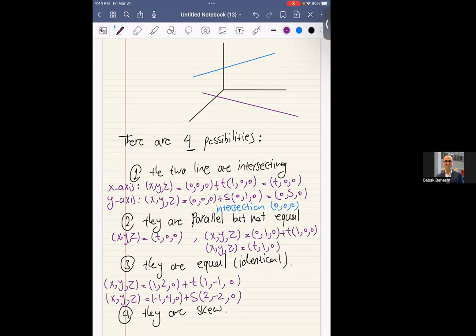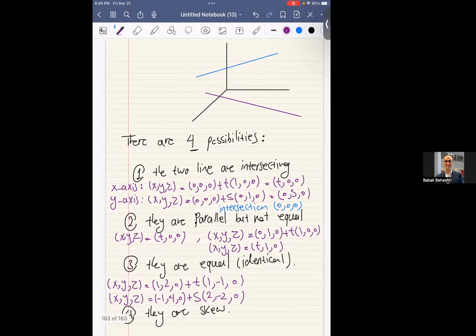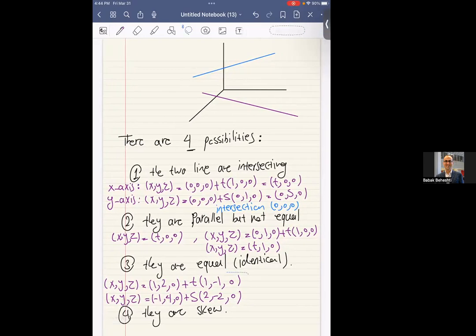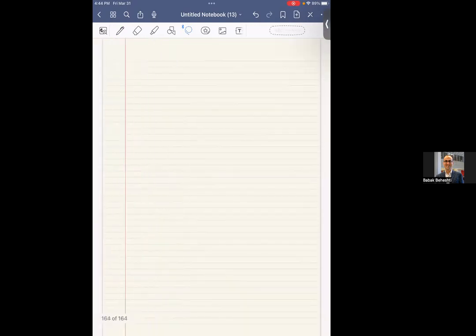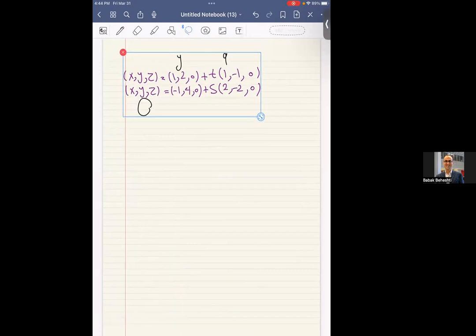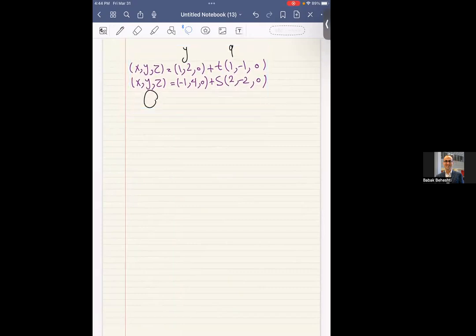Another way to see that these two lines are identical is to solve the equations.